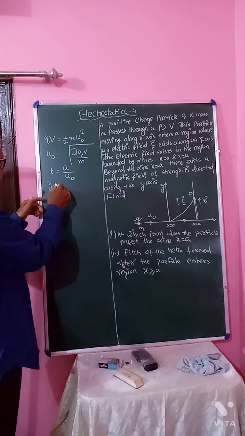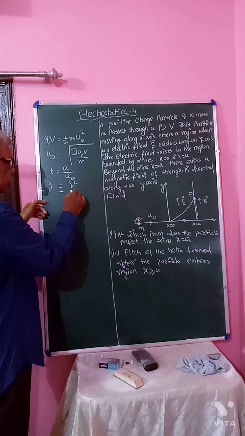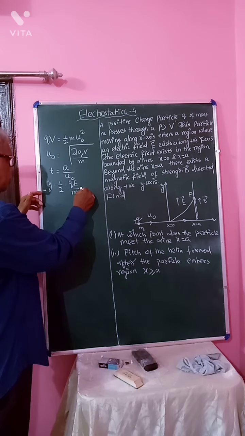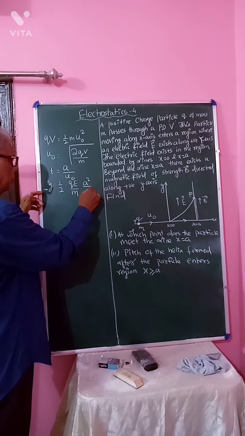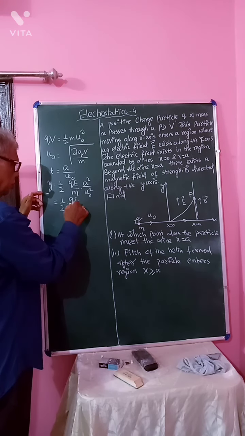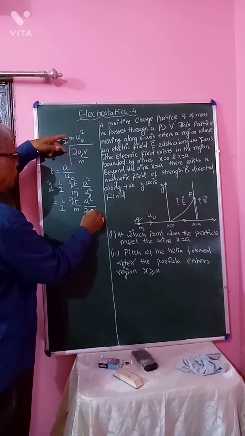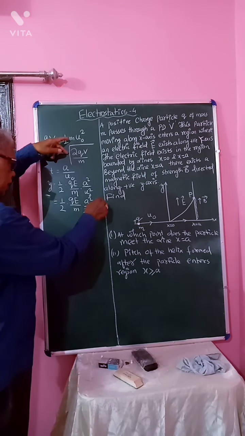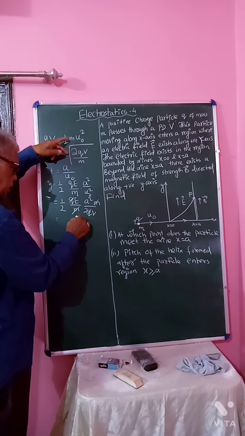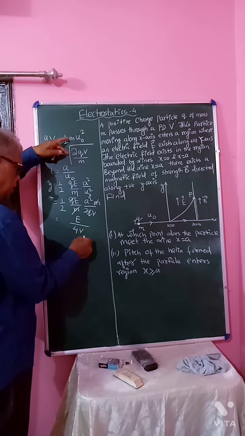Initial vertical velocity is 0, so y equals half times acceleration times t squared. The acceleration of the charged particle is qE, force per unit mass, so y equals half qE by m times t squared, and t squared is equal to a squared upon u0 squared. So y equals half qE by m times a squared, with u0 squared being 2qV by m in the denominator. m cancels, q cancels, so y equals E a squared over 4V.